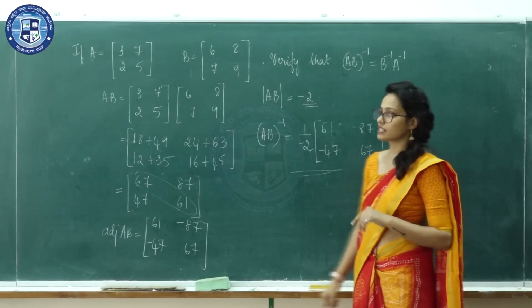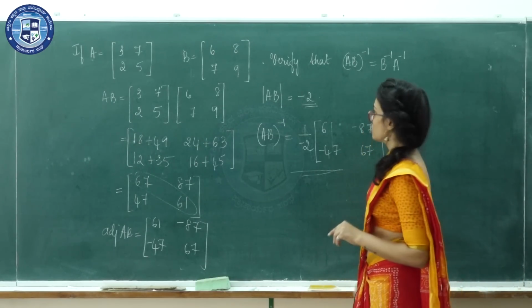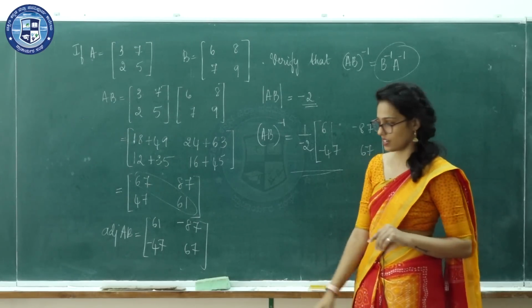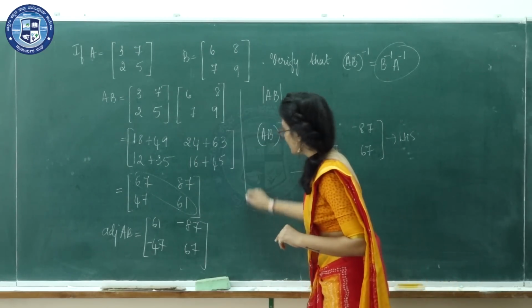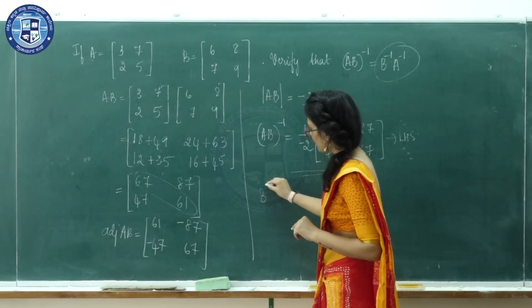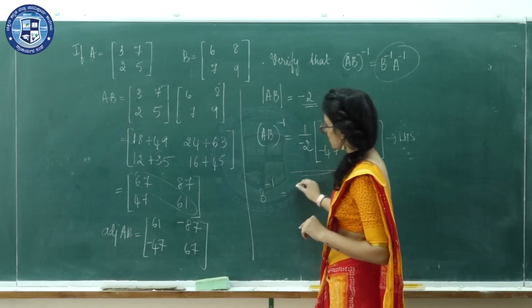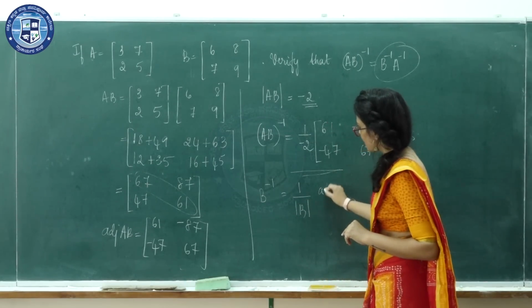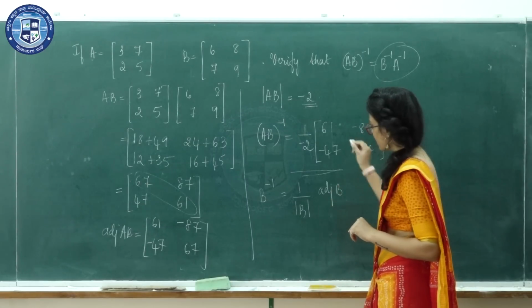Okay. Now, let us consider the right hand side. Now, for the right hand side, we need the values of B inverse and A inverse. So, first let us find what is B inverse, then go for A inverse. So, B inverse is 1 by determinant of B into adjoint of B. Okay.